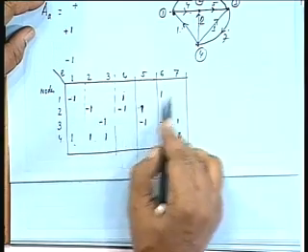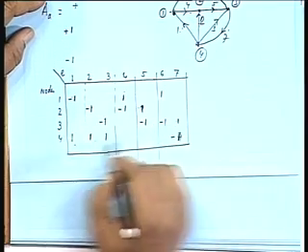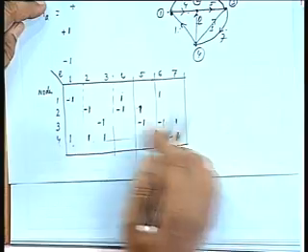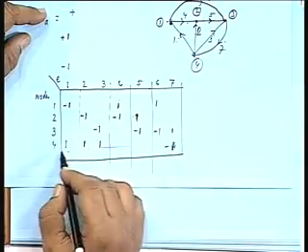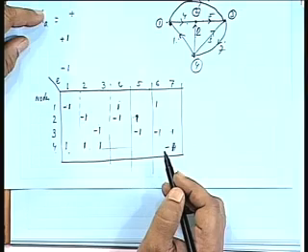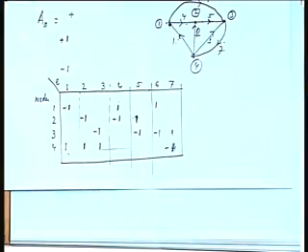So, the equations that you write here, if I write 4 equations involving these element connections, one of them is redundant, because if you have 3 equations, the 4th equation can be generated from the first 3 equations.